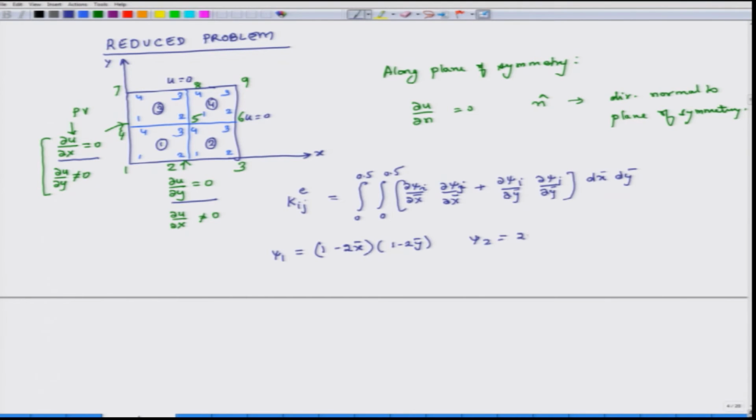Psi 2 is equal to 2x bar into 1 minus 2y bar. Psi 3 equals 4x bar y bar, and psi 4 equals 1 minus 2x bar into 2y bar. So, using these we can develop expressions for each K matrix and also for the F vector.